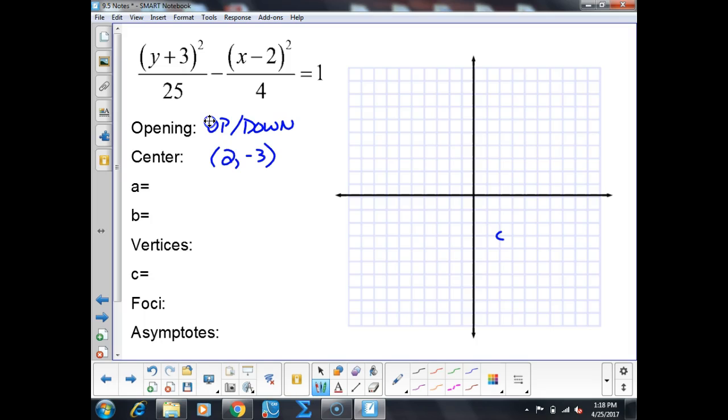A value. A value is 2. So I go left and right 2 from the center.